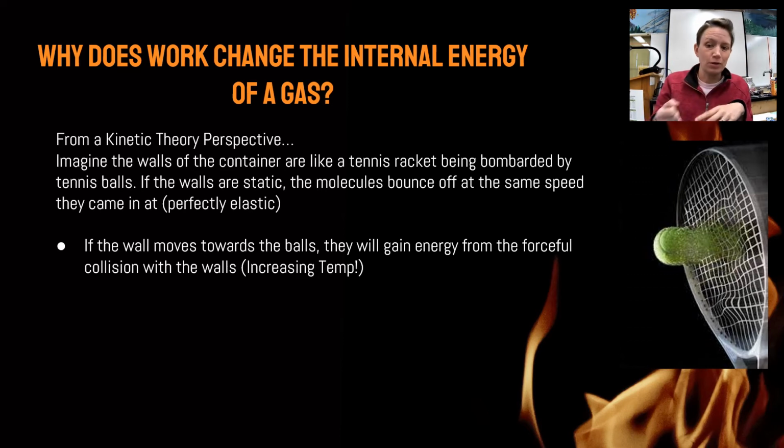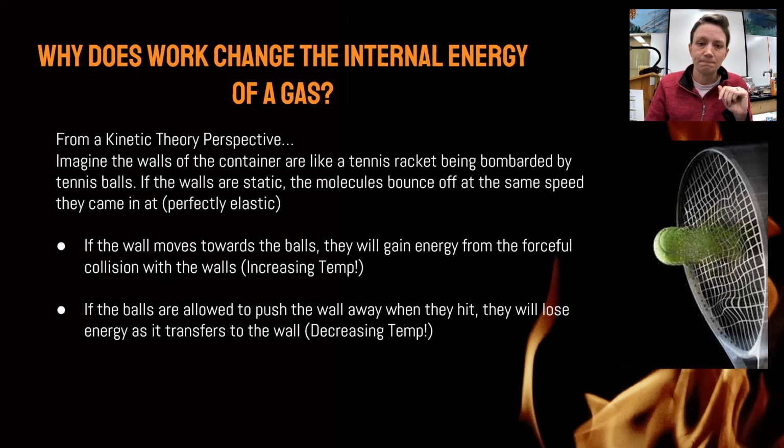And if you've ever hit a ball with a tennis racket, you know that by actively moving towards the molecules, you can actually transfer energy from the walls to the molecules. You can actually force them to gain energy from the collision of the walls with the molecules. And because that's a transfer of energy into the system, it's going to increase the temperature and the internal energy of the system.